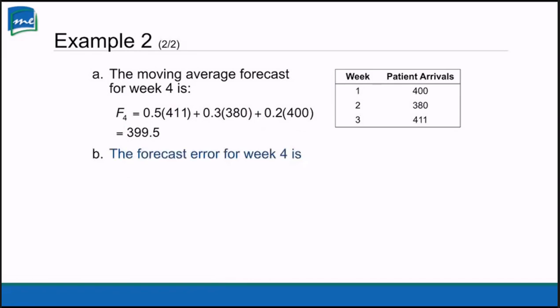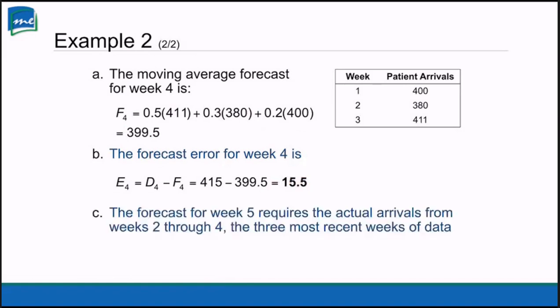And the same, if we know the actual patient arrivals in week 4 is 415, we are able to obtain the forecast errors. And we can compute the forecast for week 5.